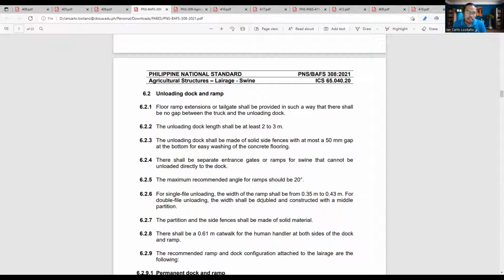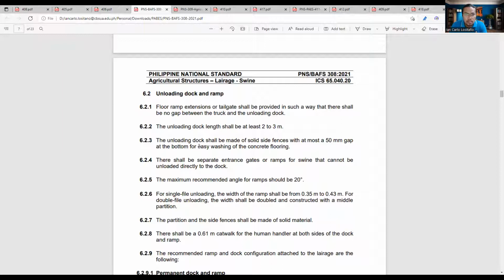It is important that consumers are provided the best carcass quality. So these chutes and ramps should be designed to avoid injuries to the animals.